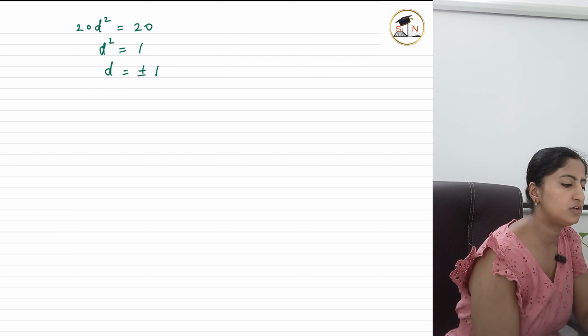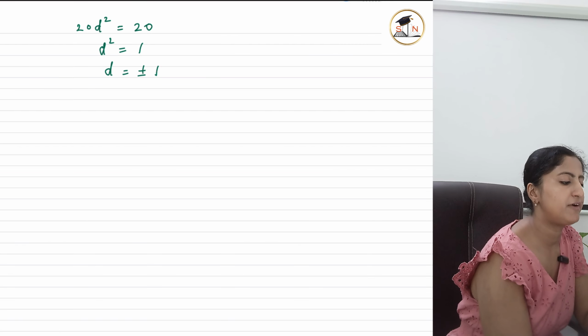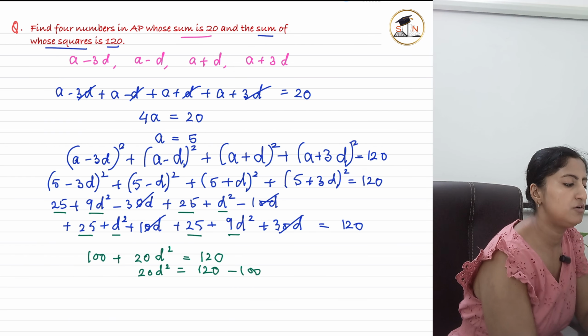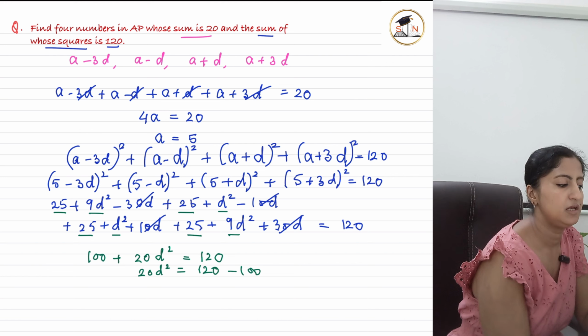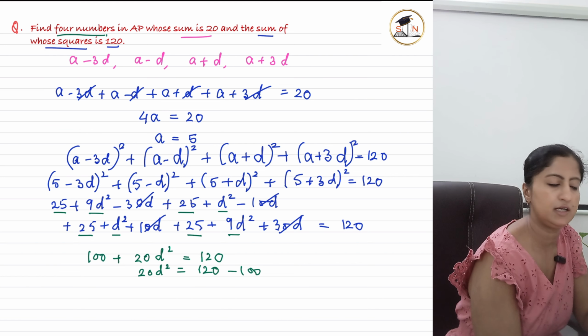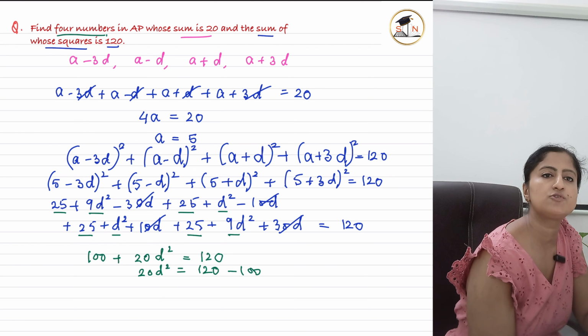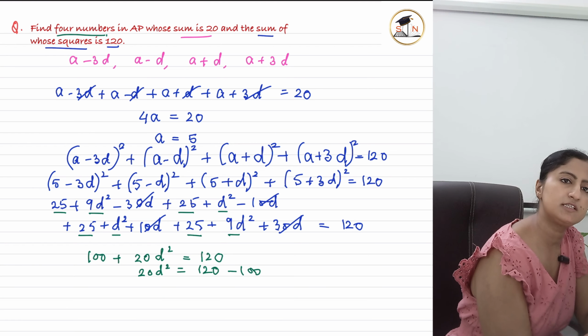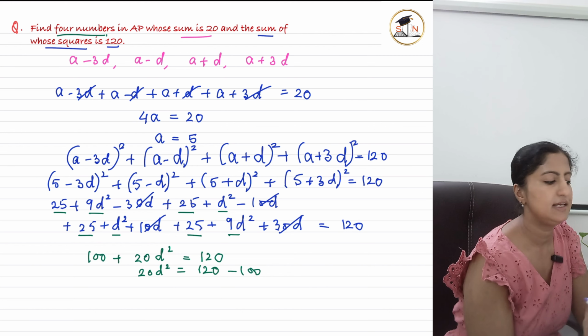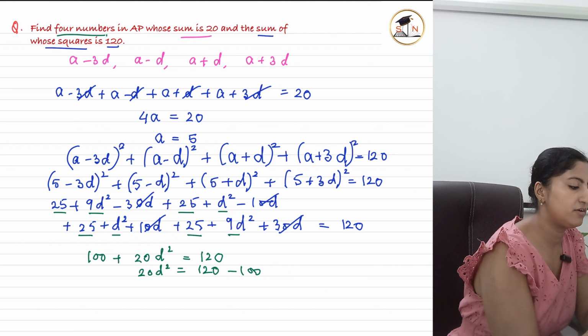Now, going back to the question, it asked to find the 4 numbers. So now we have to find the 4 numbers. We have got our A, we have got our D. We need to substitute the values, and over here also there are going to be 2 cases, when your D is positive and your D is negative. So let's do that.